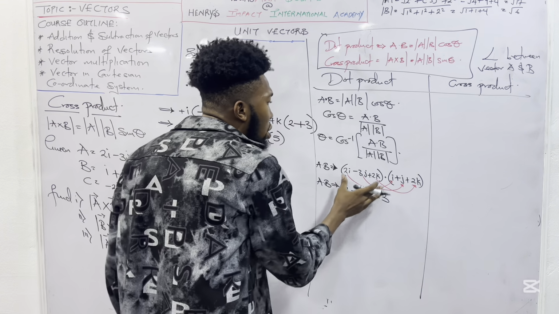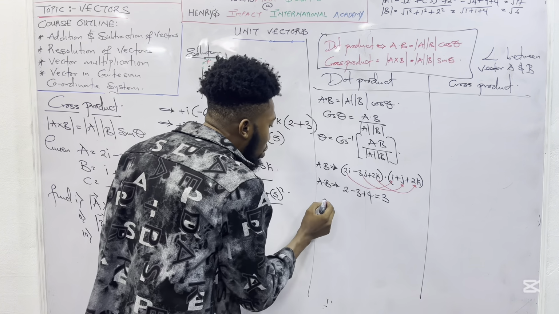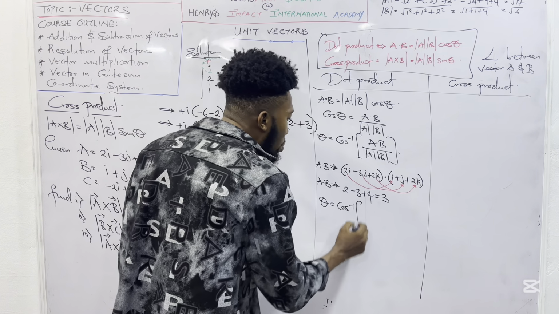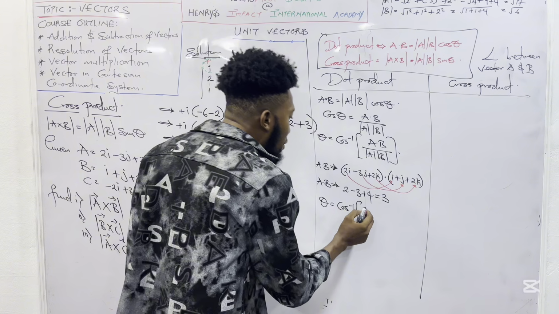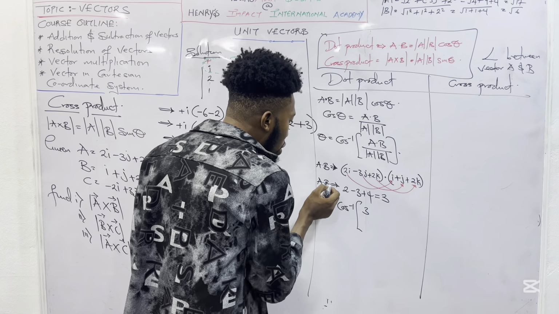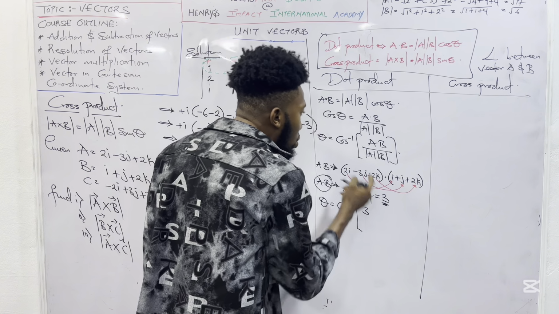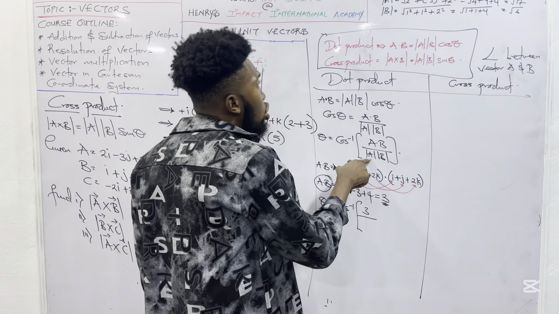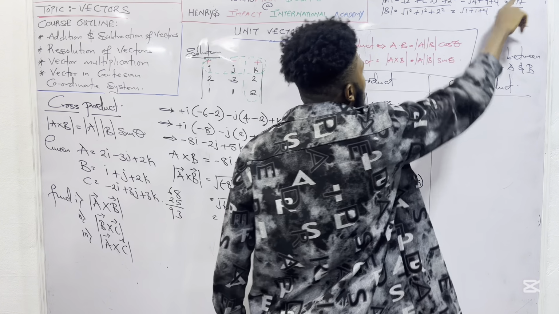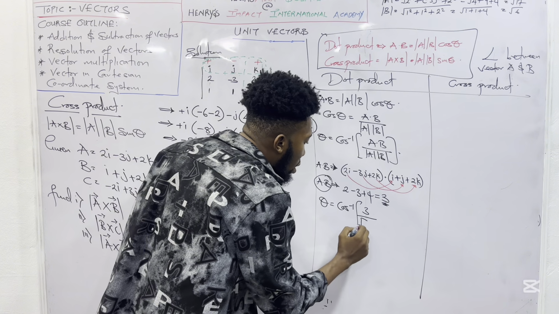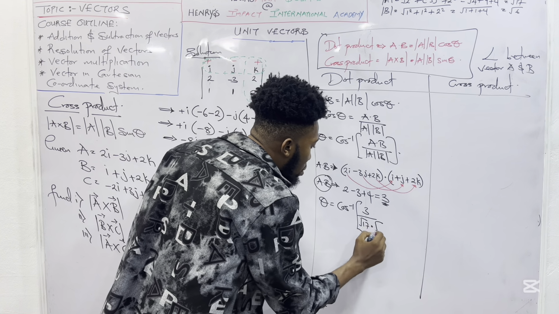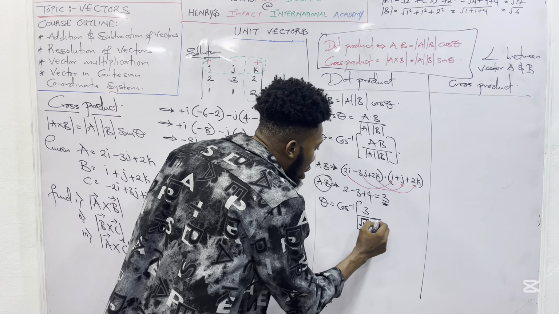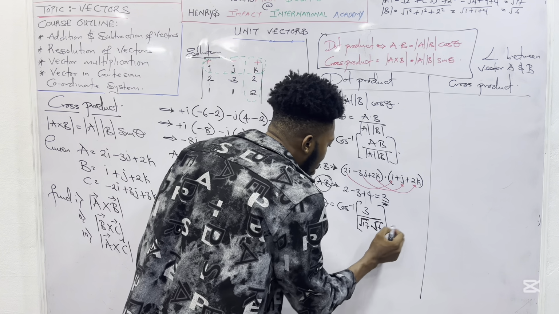Let's quickly put all these things inside this formula here. So theta is equal to cos inverse, open bracket, A dot B gave us 3. You can see it here, A dot B gave us 3. So we are putting it in the formula: 3 divided by modulus of A, which was root 17, multiplied by modulus of B, which gave us root 6.